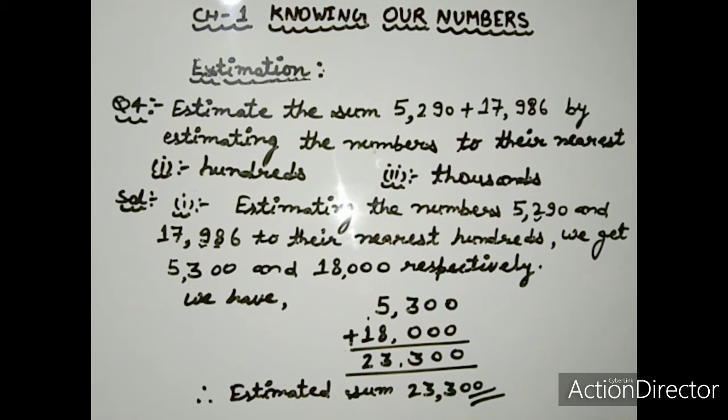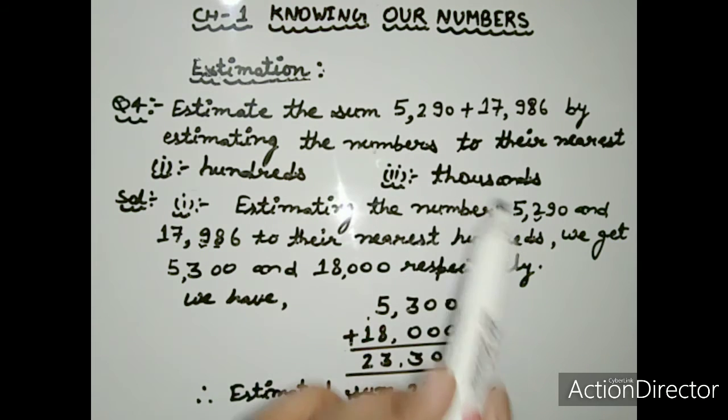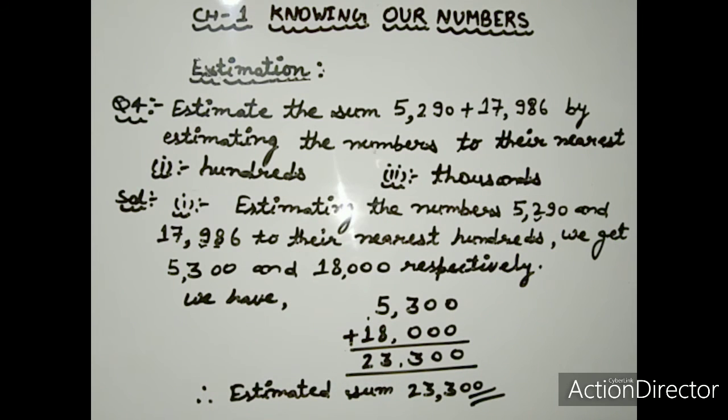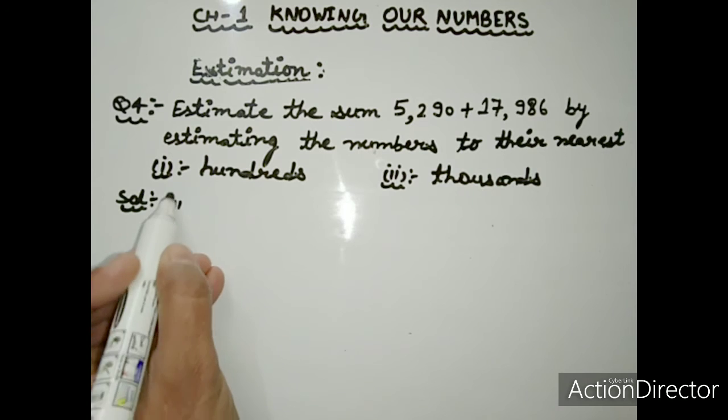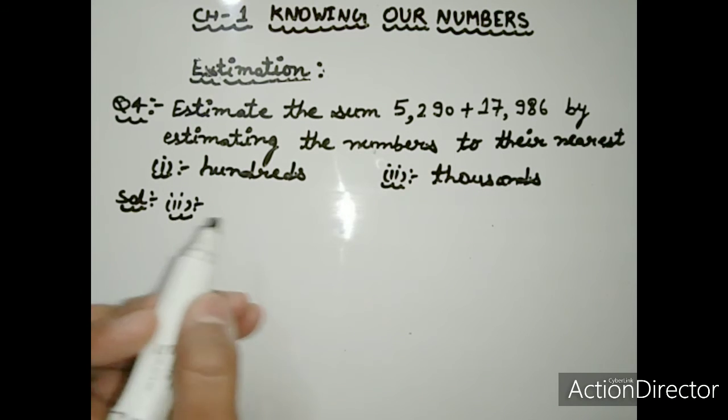Now we take a round off of these numbers to the nearest 1000 and after that we add the round off numbers. Now we solve the second part of this question.